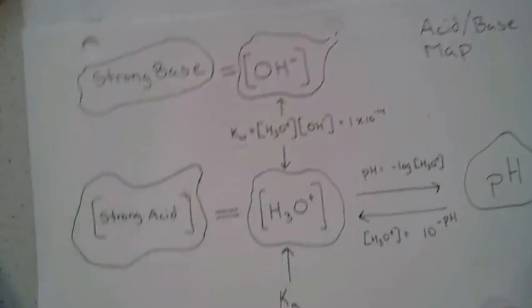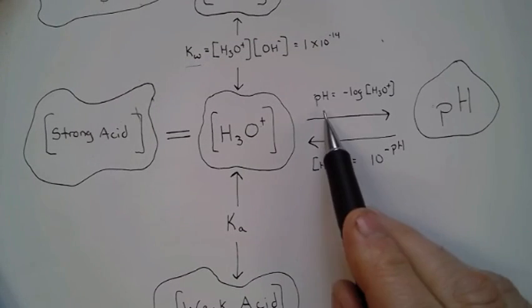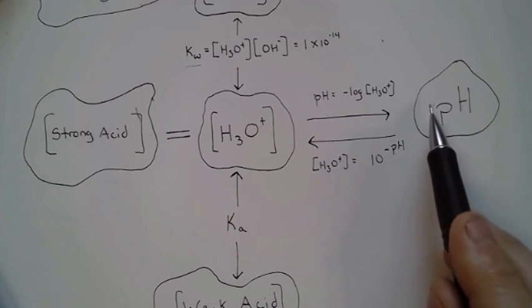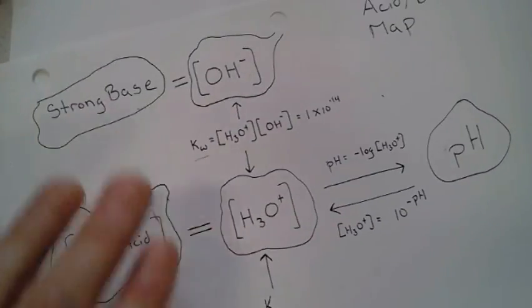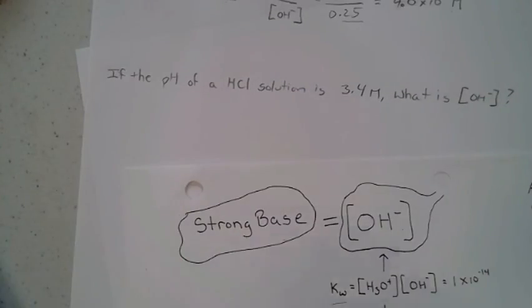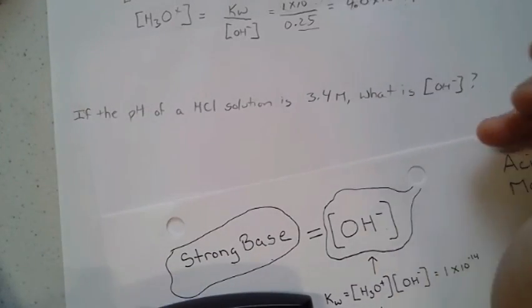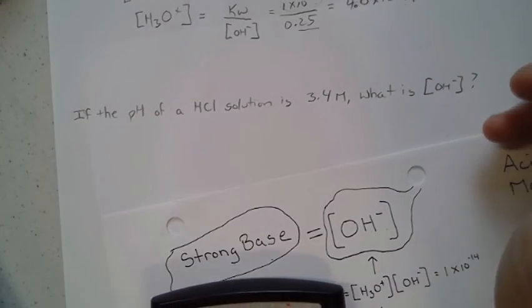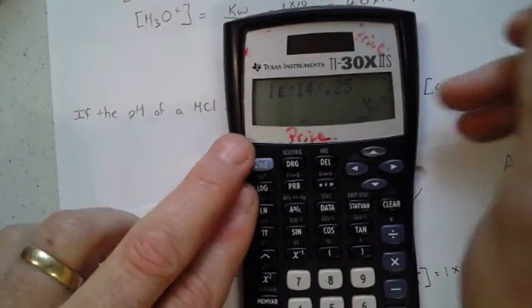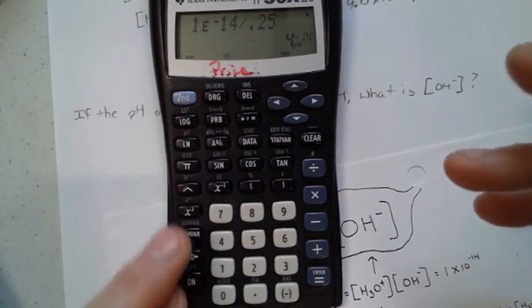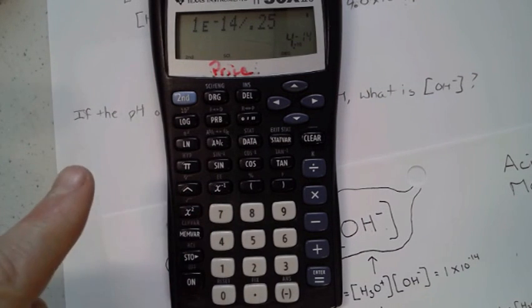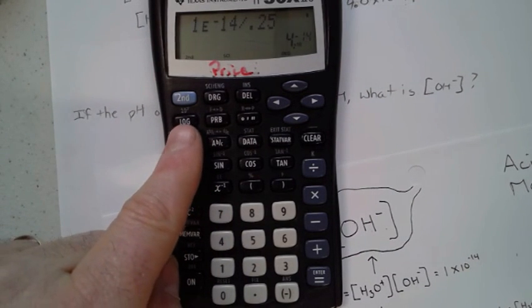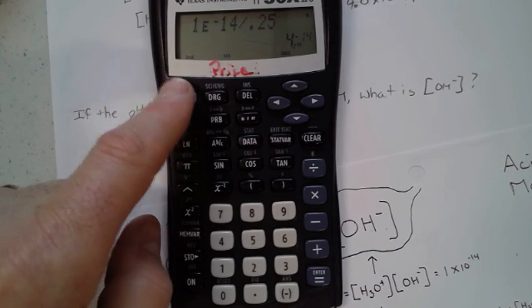And then the last step is, in order to find the pH going in this direction, I take the negative log of the concentration. So I have 4.0 times 10 negative 14, and I want to take the negative log of it. The way I do it is this. If you see right here on the log button, it has a 10 to the x as the inverse.